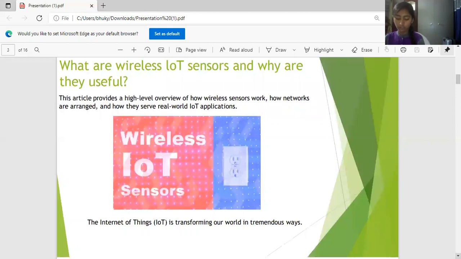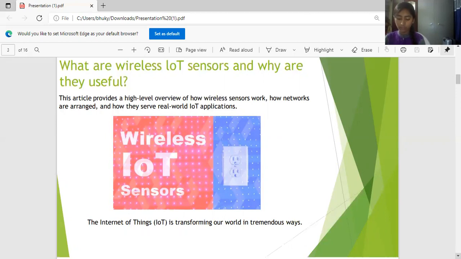The Internet of Things, IoT, is transforming the world in tremendous ways by enabling everyday objects to communicate wirelessly. We can automate data exchange and create new efficiencies that positively impact lives and organizations.